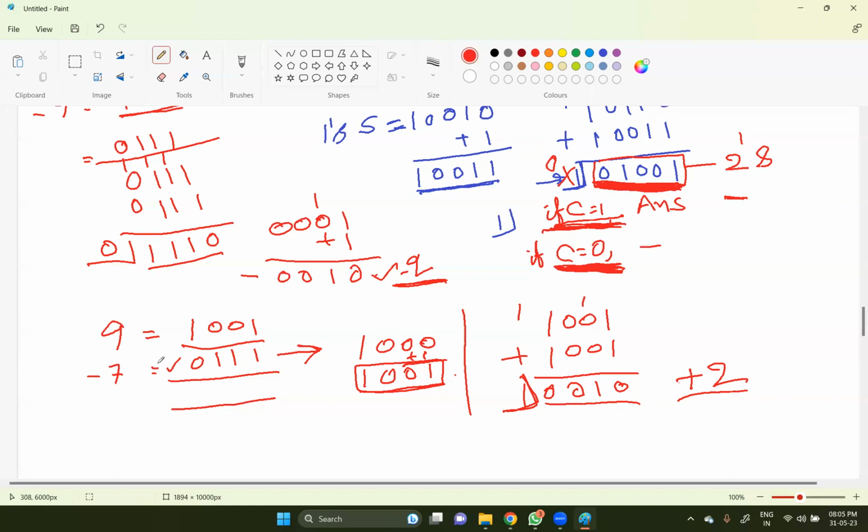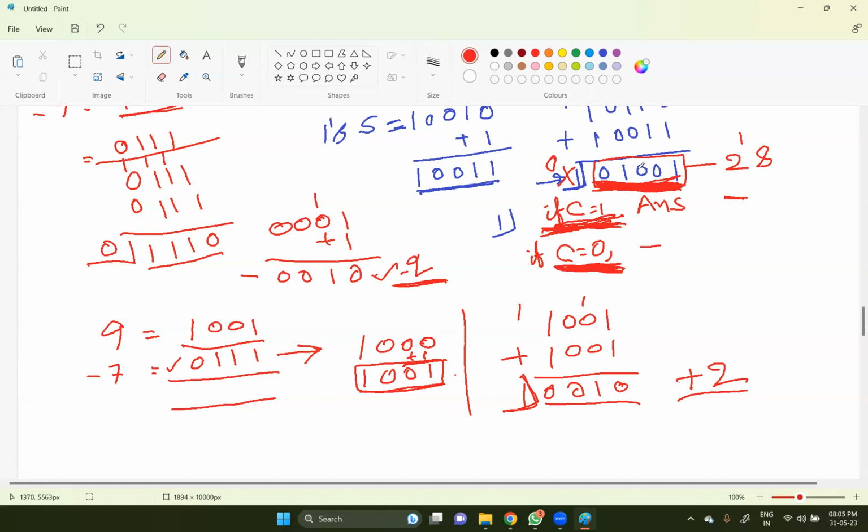That is the first operation. Then, after doing so, you need to take care: if carry will be equal to 1, then excluding this carry, the remaining value will be the final answer with the positive sign.